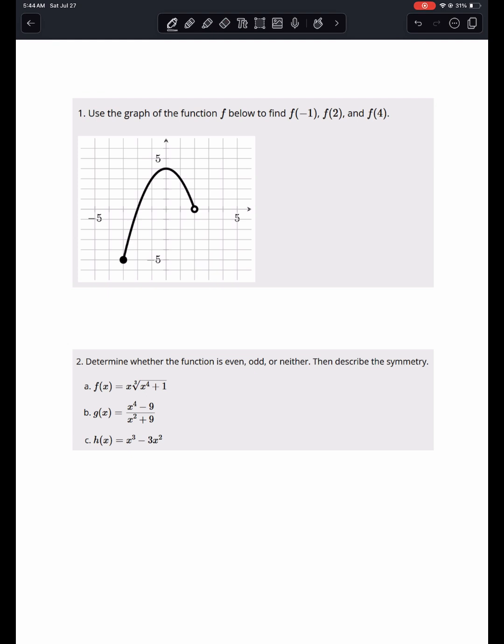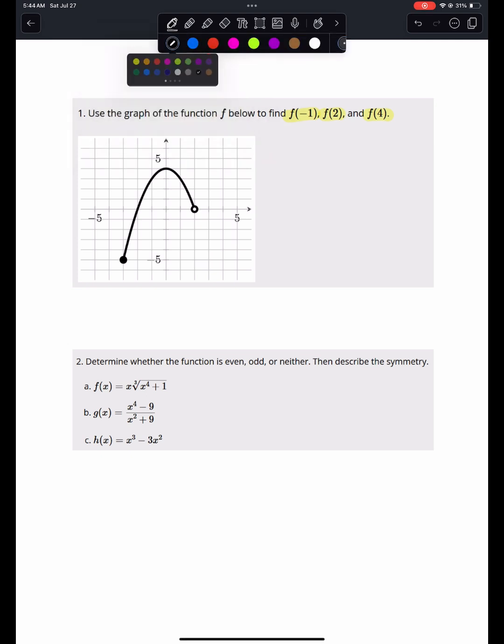So, for question 1, we have this graph here, and we define the following function values. The first thing I'm going to do is make the axes more visible to myself. This way I can more clearly spot the origin.